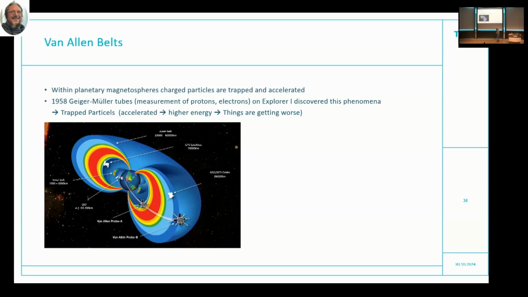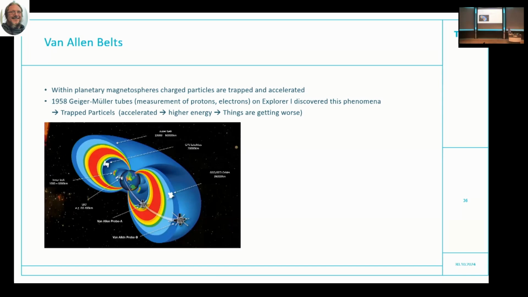Therefore, there were probes at the beginning that were flying through the different magnetic fields and through these magnetic field lines. They observed that we have a further issue. When you fly through this magnetic field, you see that there are areas with much higher charge and much higher energy, and these are called the Van Allen belts.